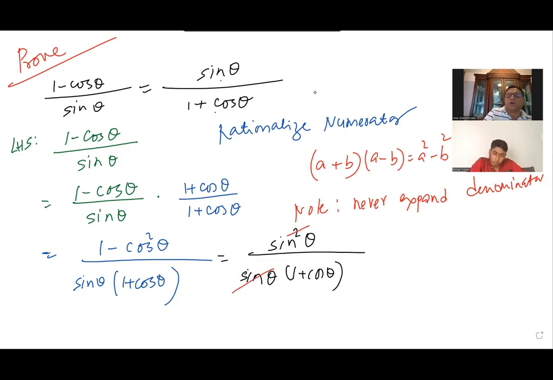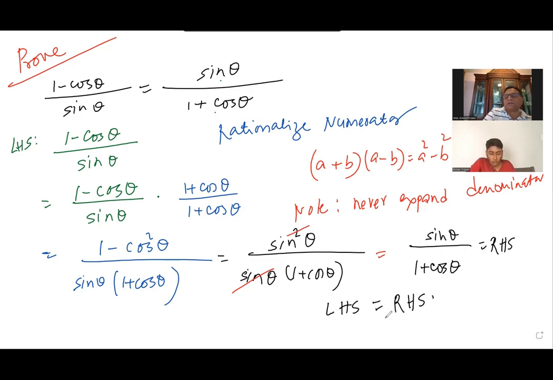So we're left with what? We're left with 1 over 1 plus cos theta, which is the right-hand side. So we've shown that the left-hand side is equal to the right-hand side. Is that clear to you? Yes, sir. So that is how we could prove the identity.